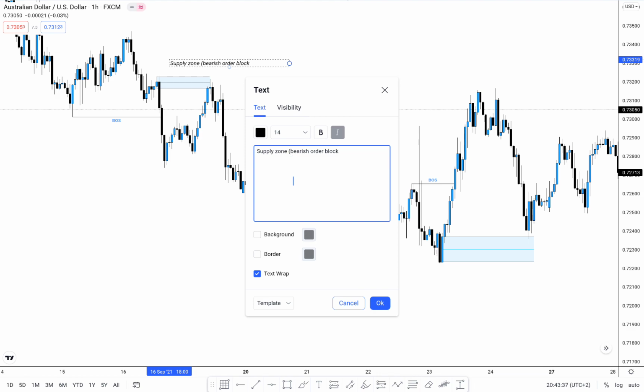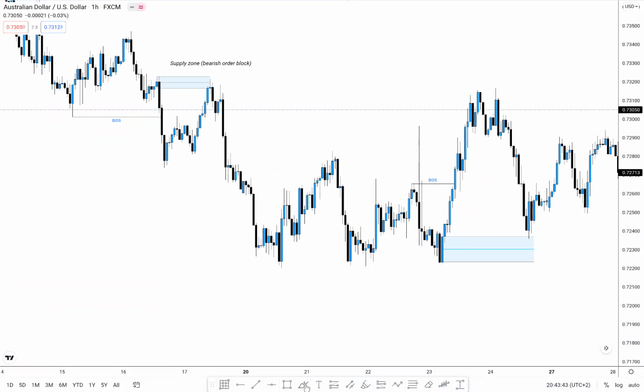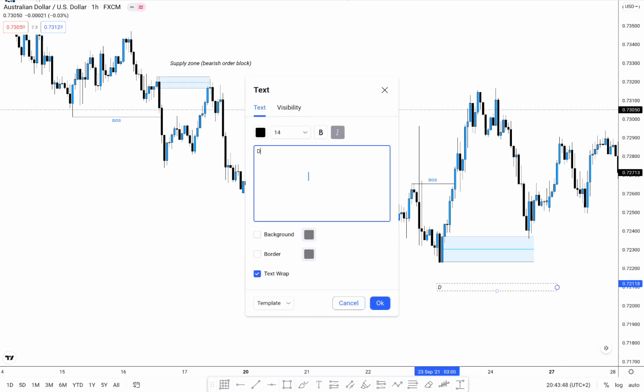Bearish order block, we have that right there. And then from there on our right side, we have a demand zone, bullish order block.